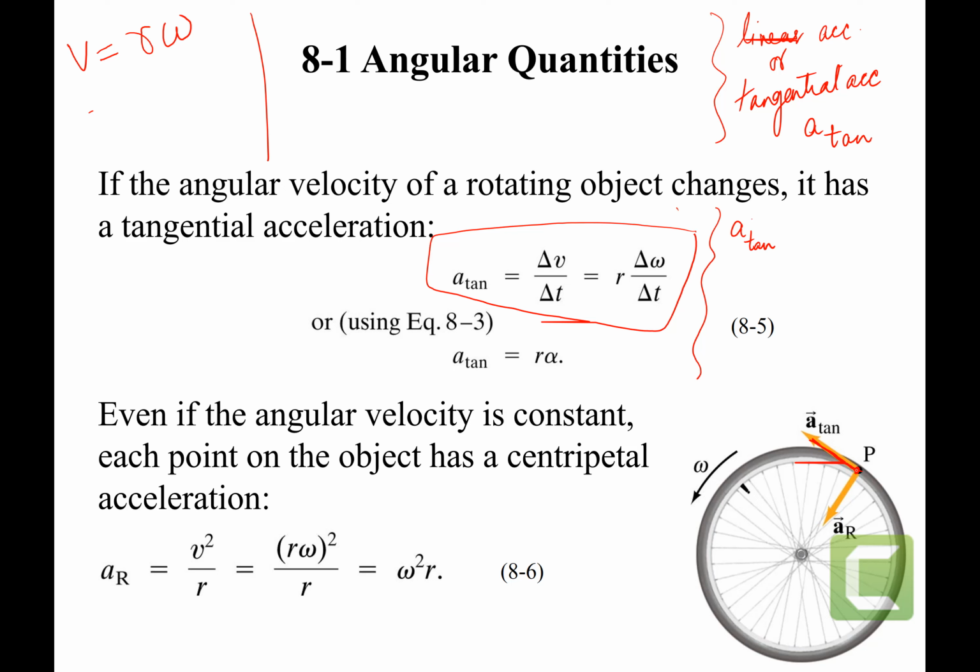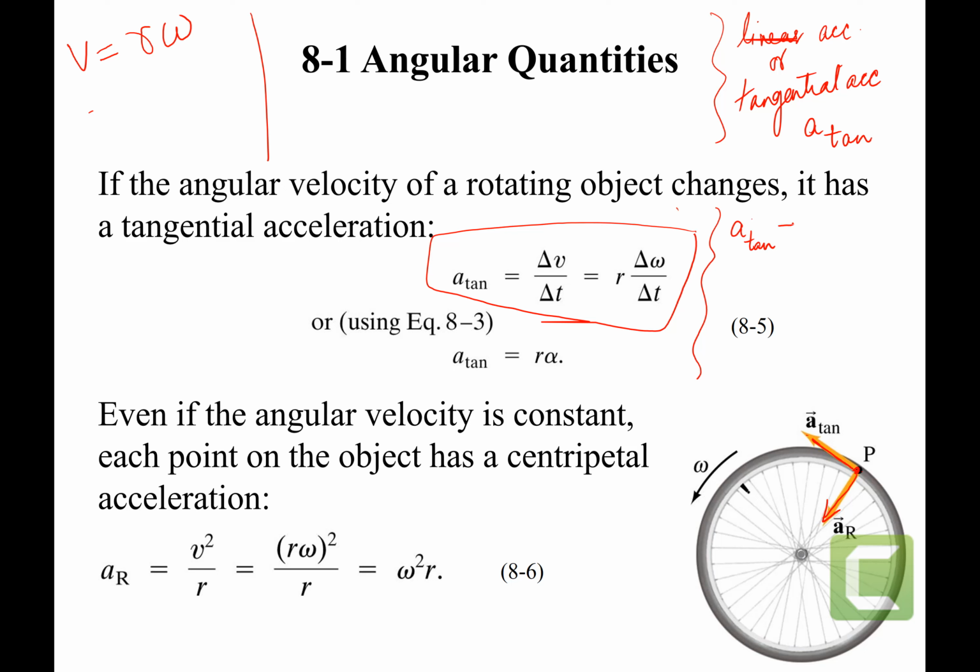So if P is a particle here, and if we are going right this way, tangential acceleration is always outwards, while the radial acceleration, due to the centripetal acceleration, is always towards the center. And there is also angular acceleration, which is given by alpha.